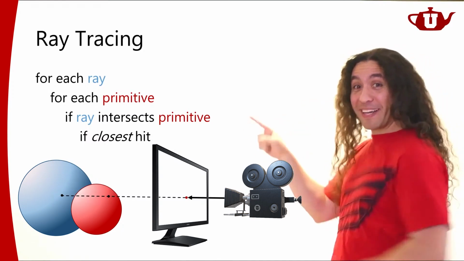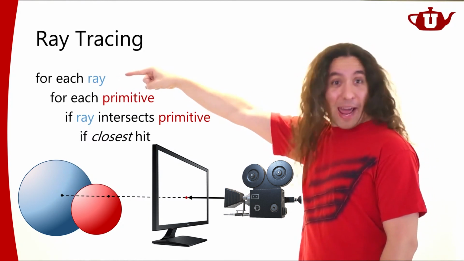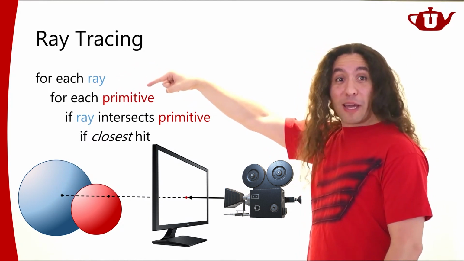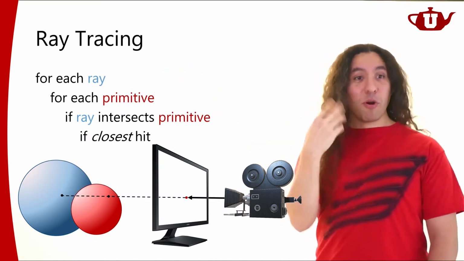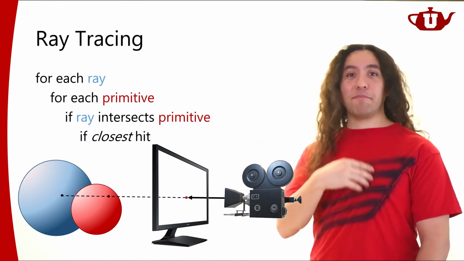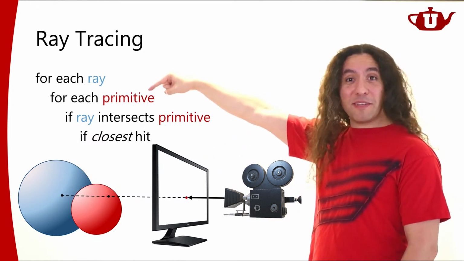So here's what we're doing. For each ray, for a given ray, I'm going to be looking at each and every one of my primitives. In the project, that's going to be a set of spheres. I'm going to be looking at each one of my primitives.